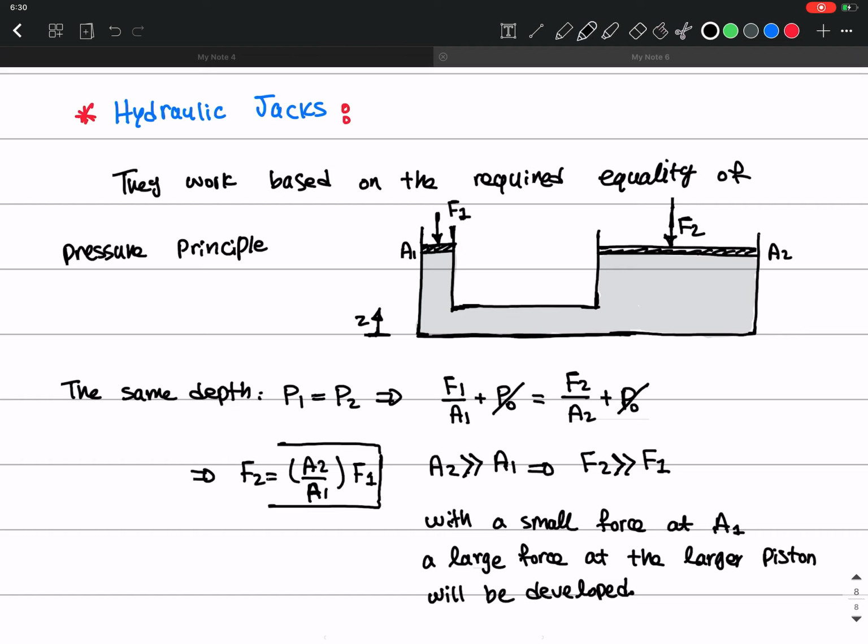This is just using a very simple pressure equality principle based on the depths that we learned.